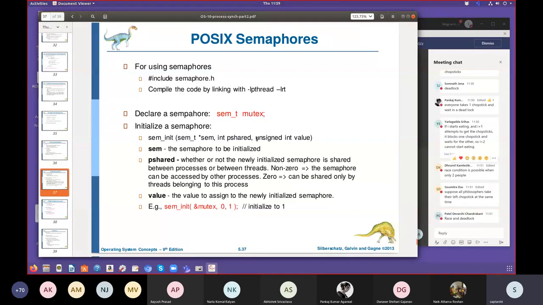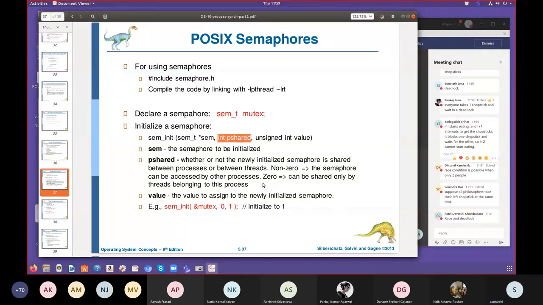This is the value, the initial value of the semaphore. We discussed that in certain situations you can go for a binary semaphore, so maybe you will initialize with 0 or 1, or you may even go for a counting semaphore where you can initialize with 5.